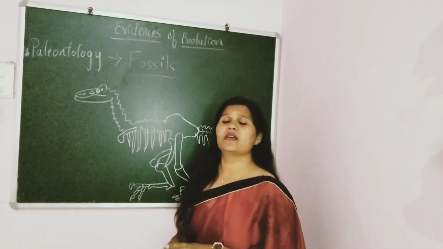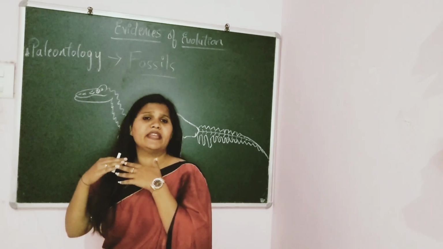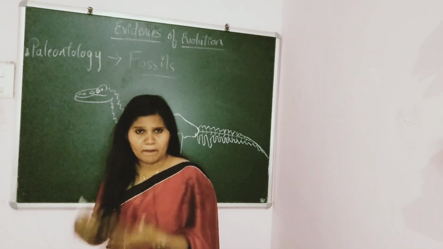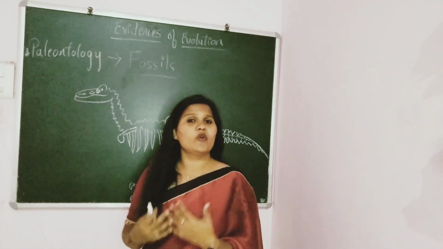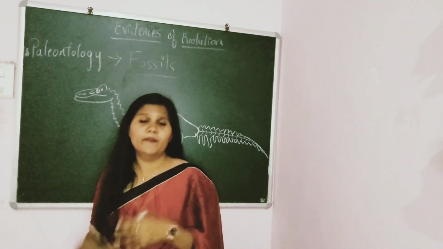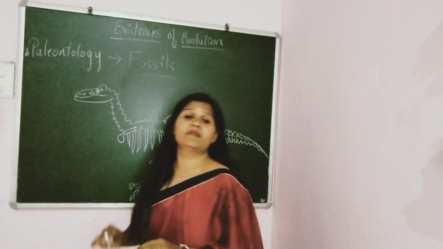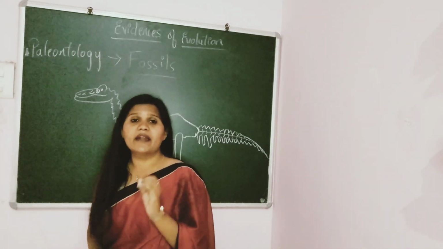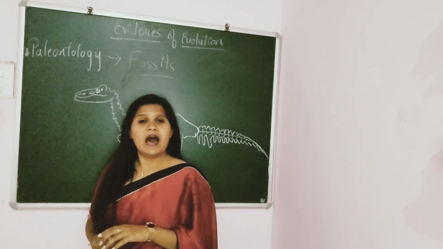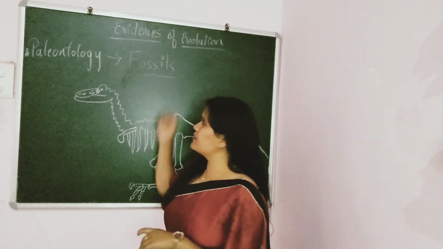Many organisms are buried under the mud, and after many years when we dig the mud, think if you are a paleontologist and you have to find fossils, because we need to study them. Fossil is the remains of the hard structure of dead living organisms.